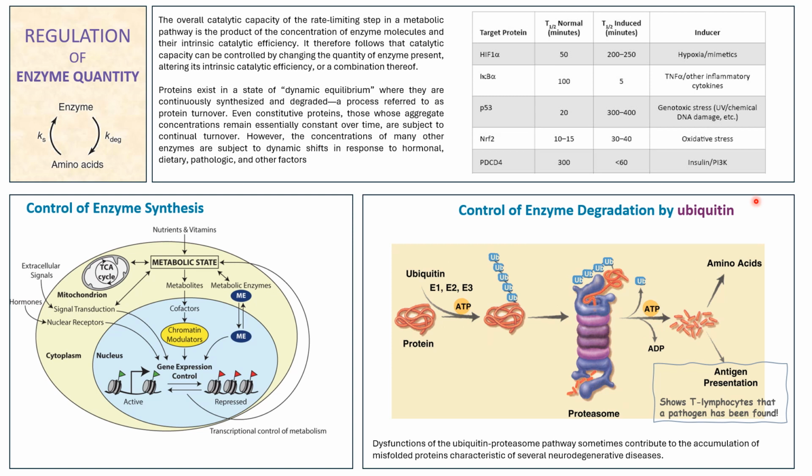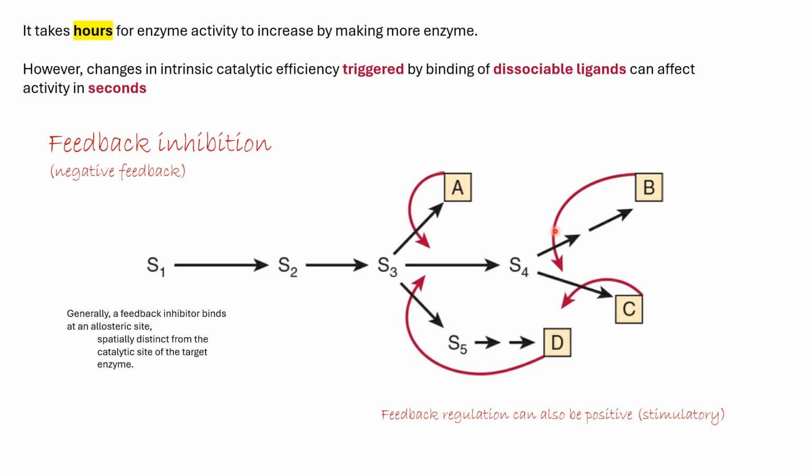However, controlling enzyme quantity by controlling the rate of synthesis or the rate of degradation is slow, and the effect is felt over a period of hours. In order to have much faster responses, the catalytic efficiency of the enzymes themselves can be changed.